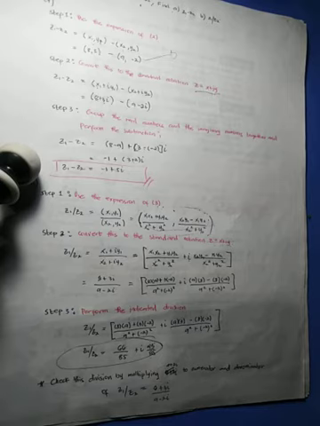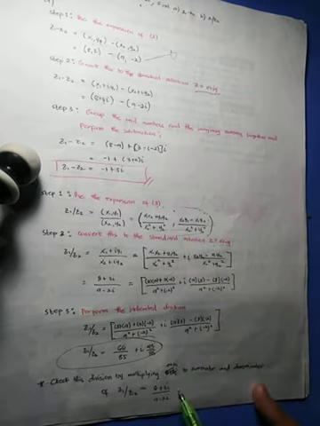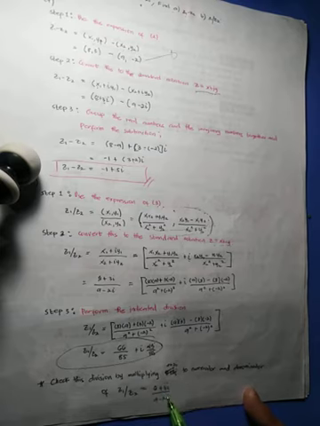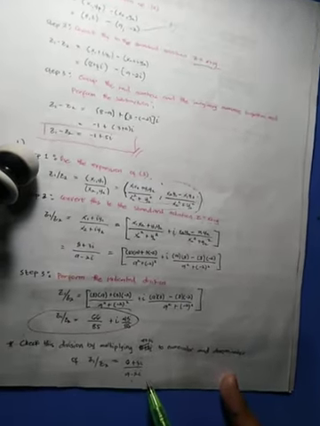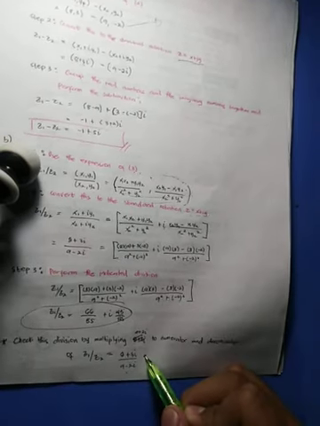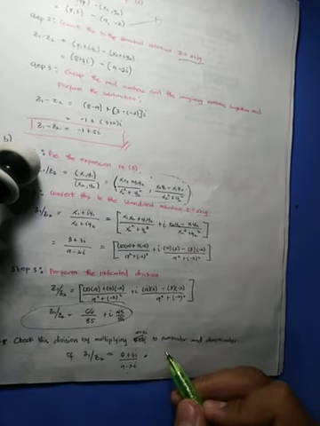You can also simplify the division of two numbers by multiplying the fraction. For example, this one, 8 plus 3i over 9 minus 2i, you can multiply it by the conjugate. The only difference is the conjugate here.